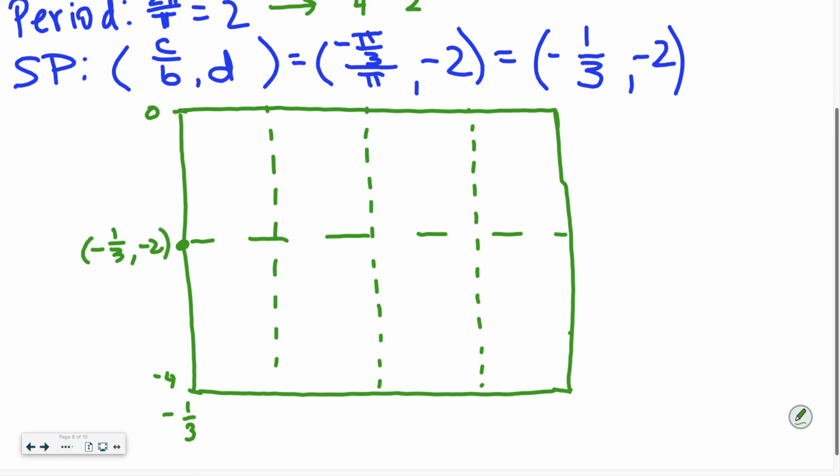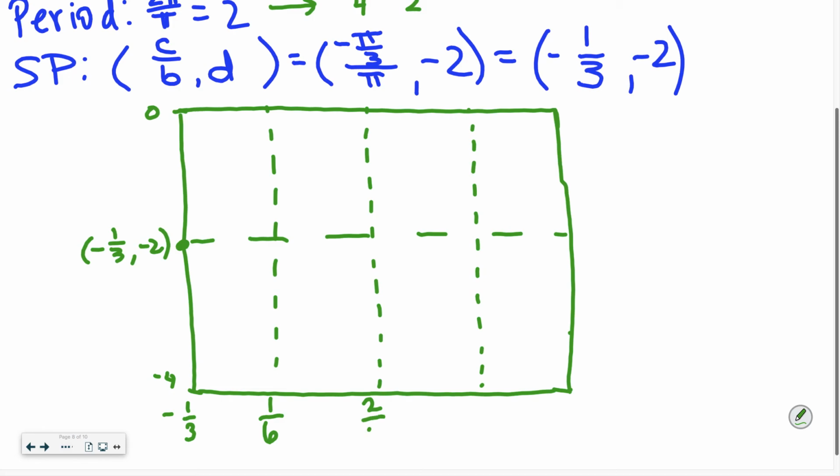If we take negative 1/3 and we add 1/2, this would be negative 2/6 plus 3/6, so 1/6, right? Okay. Now let's add 1/2 again. That would be 4/6.